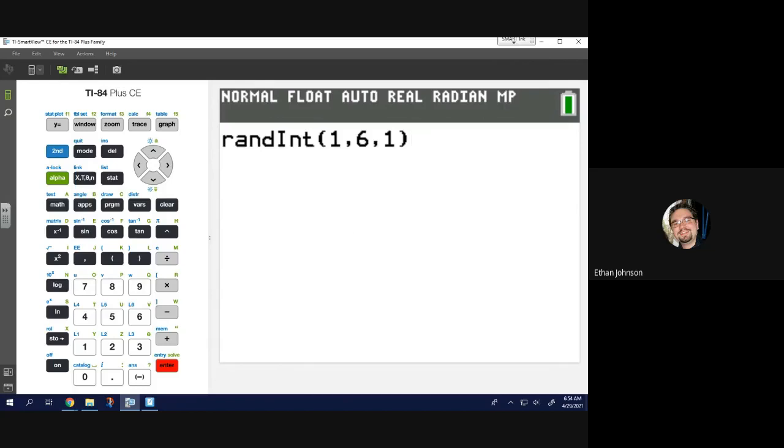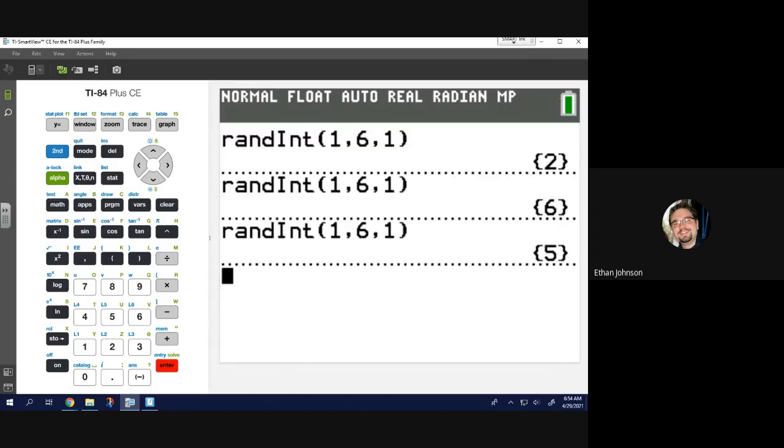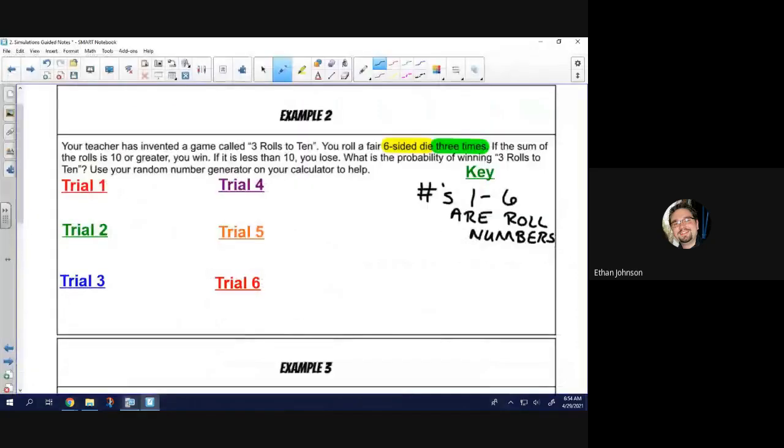Now this one differs because I could just hit enter 3 times right now, and there's our first trial. 1, 2, 3. So we ended up rolling a 2, a 6, and a 5. And what we can do is we can just run all of the trials first and then talk about what they mean.